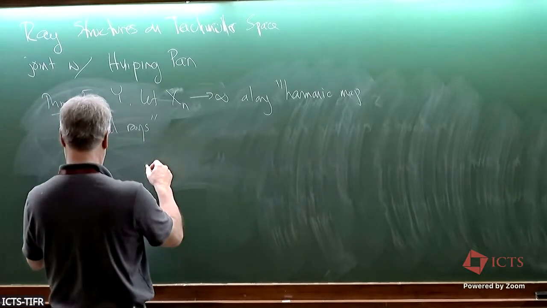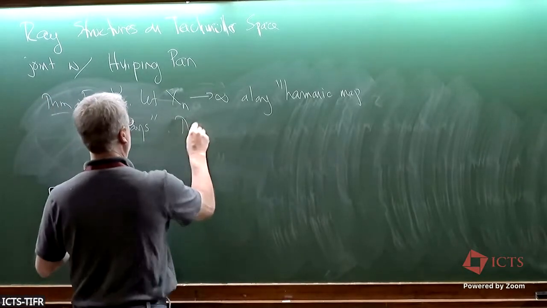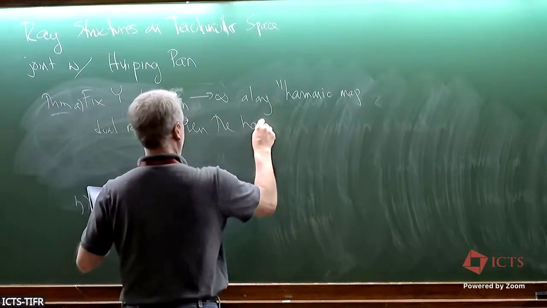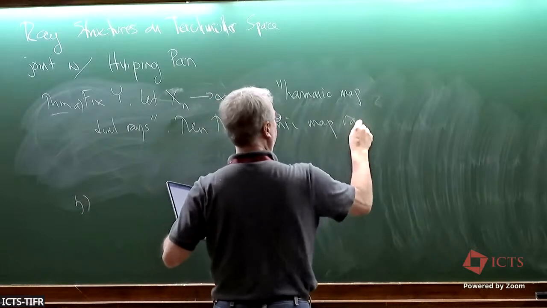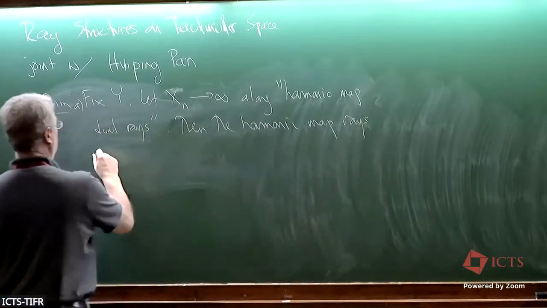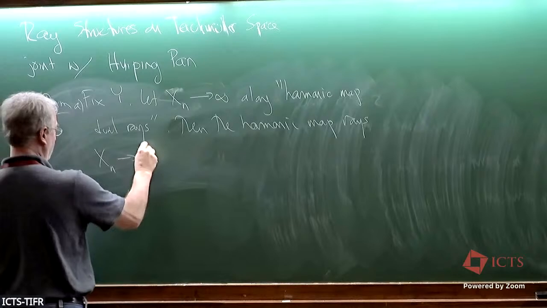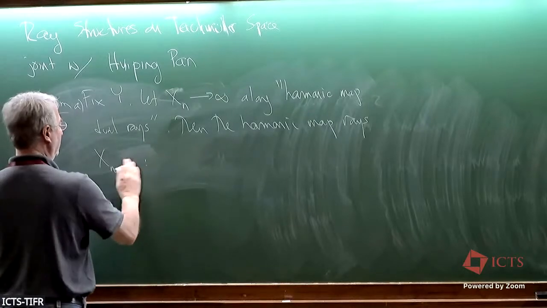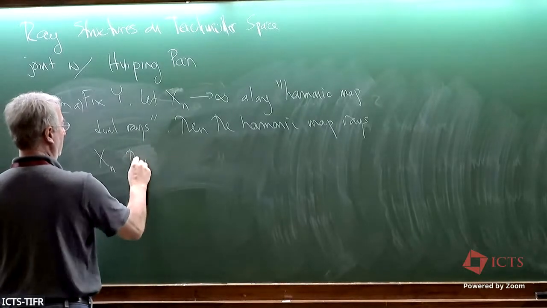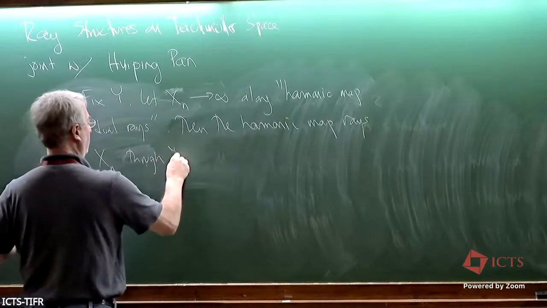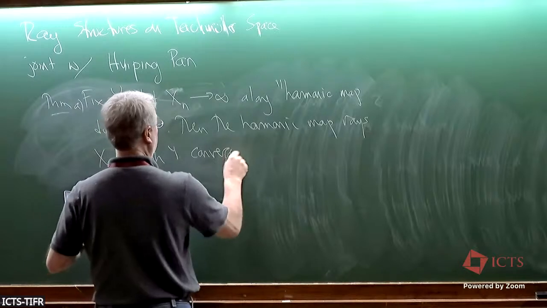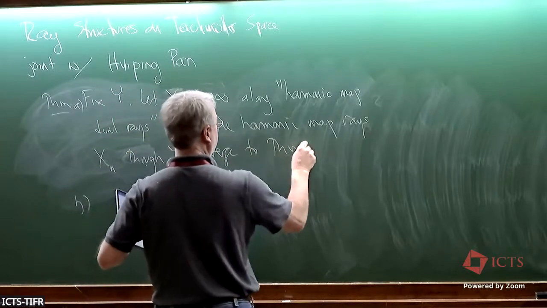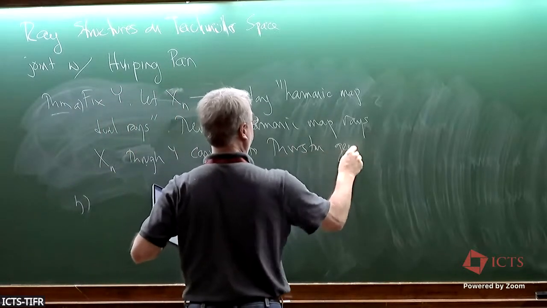Then the harmonic map rays from X_n through Y converge to Thurston metric geodesics.